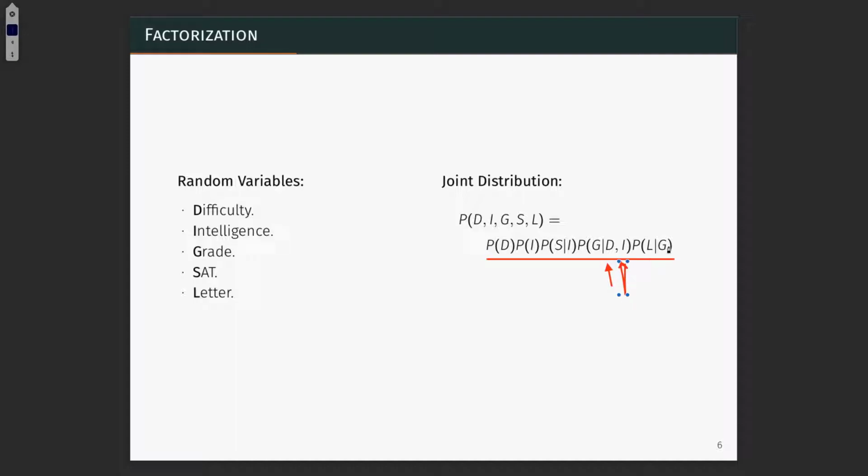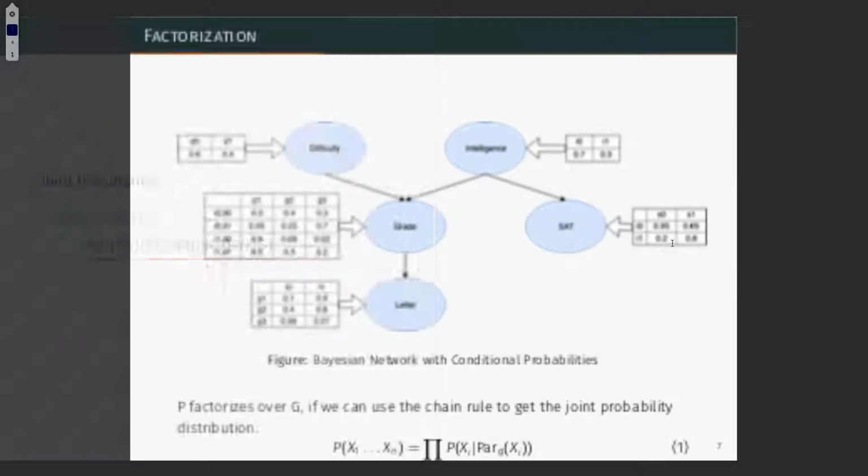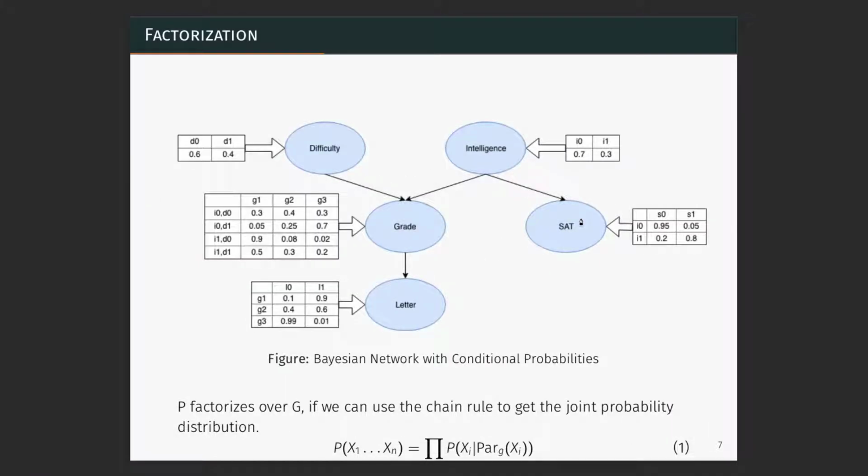All right, so let's keep going. In this third example, I have collected all the information that we need to parameterize our Bayesian network. In these boxes, you have all the probability distributions of the nodes. Here we see that, for example, difficulty and intelligence only have two values. We're going to treat them as binary for now because it's easier to understand.